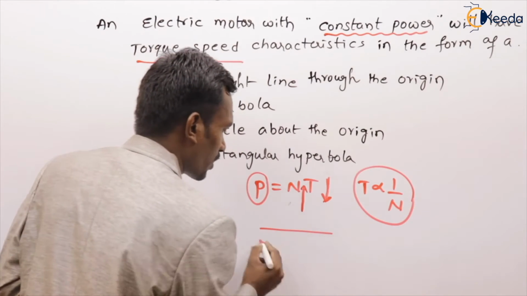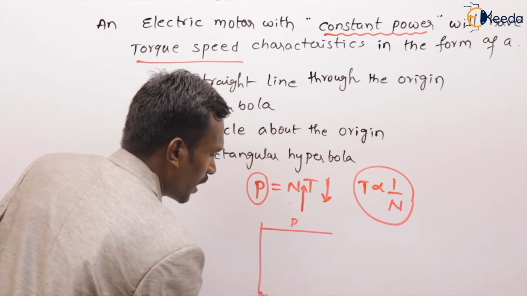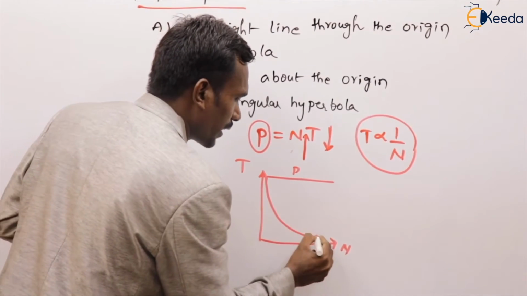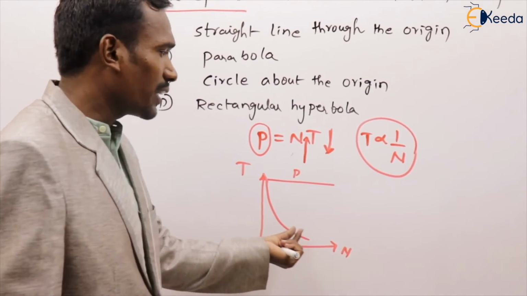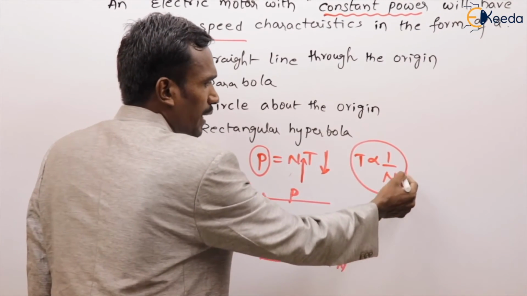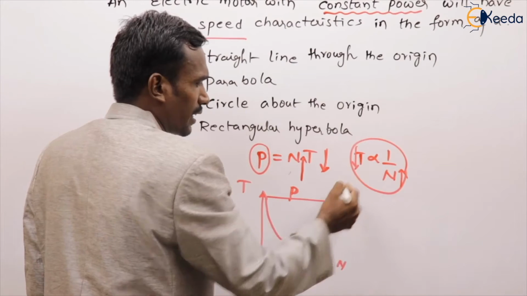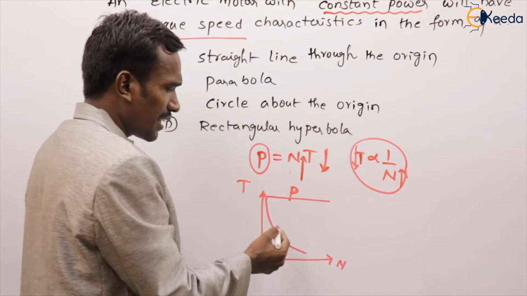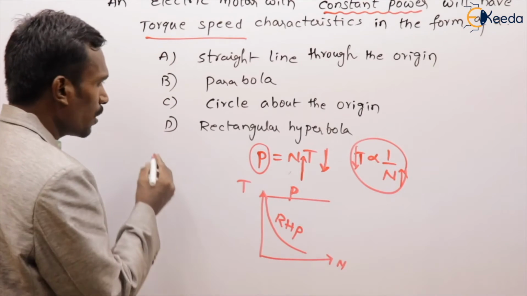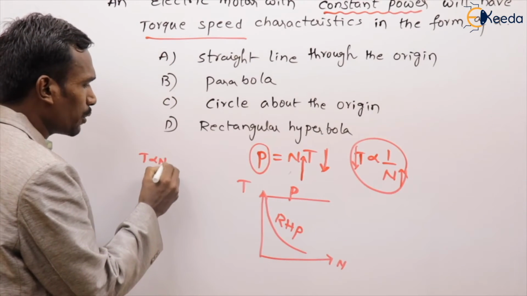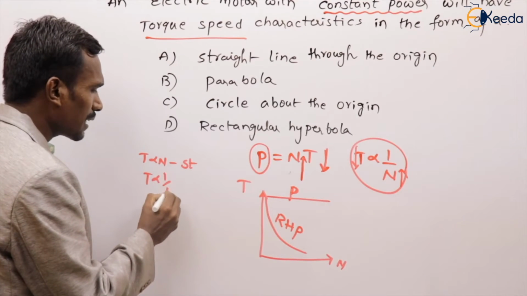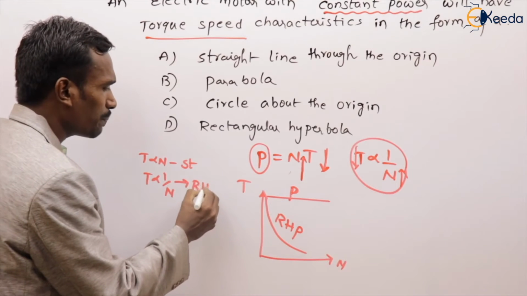If the power is constant, if speed increases, then torque decreases. Nothing but this is a rectangular hyperbola. Generally, we know if both are directly proportional, it is a straight line. If both are inversely proportional, rectangular hyperbola.